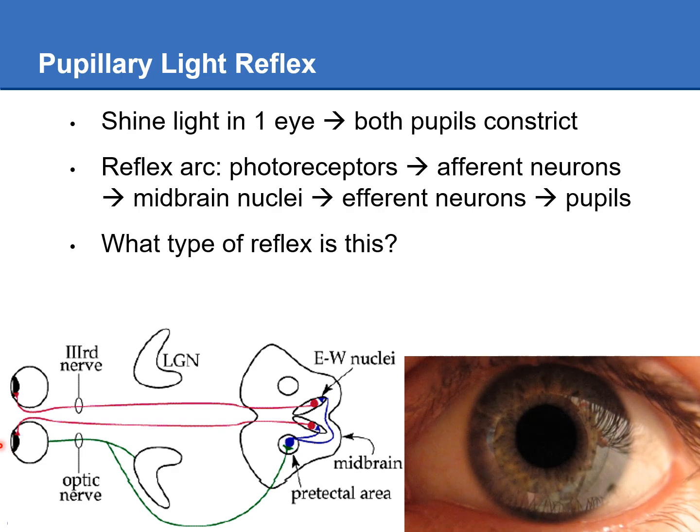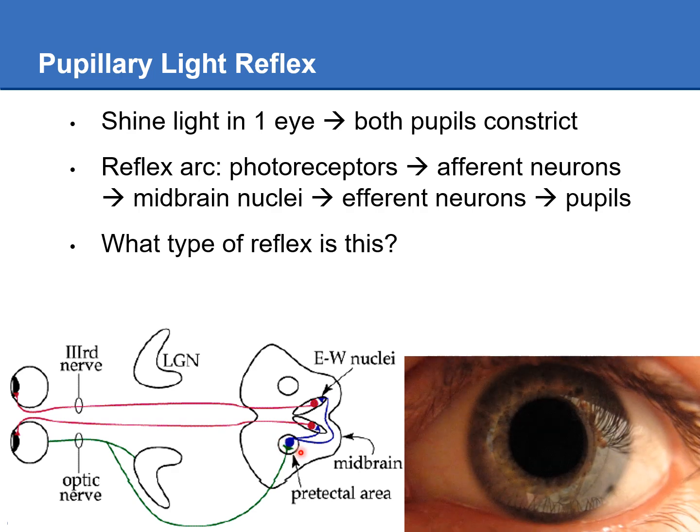So we're going to pick up that light hitting the retina, and our sensory neuron is going to send the signal through our optic nerve, which is one of our cranial nerves. And then we're going to synapse here in the midbrain, which remember the midbrain is part of your brainstem.